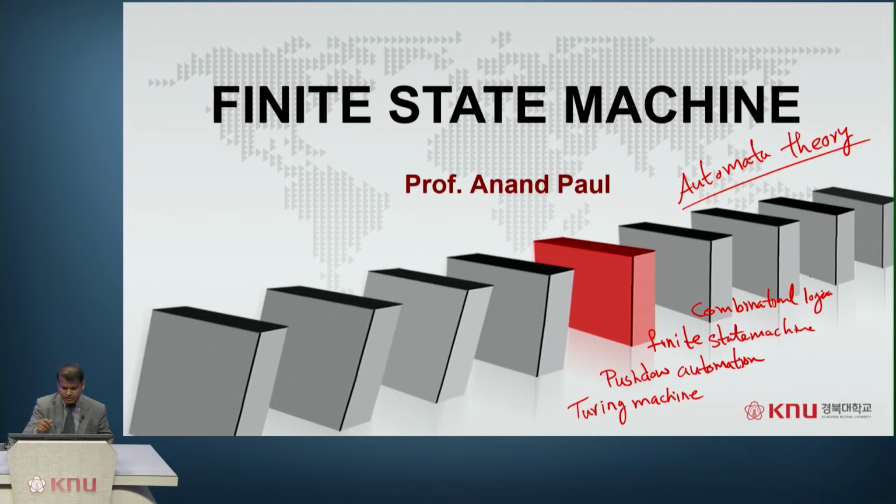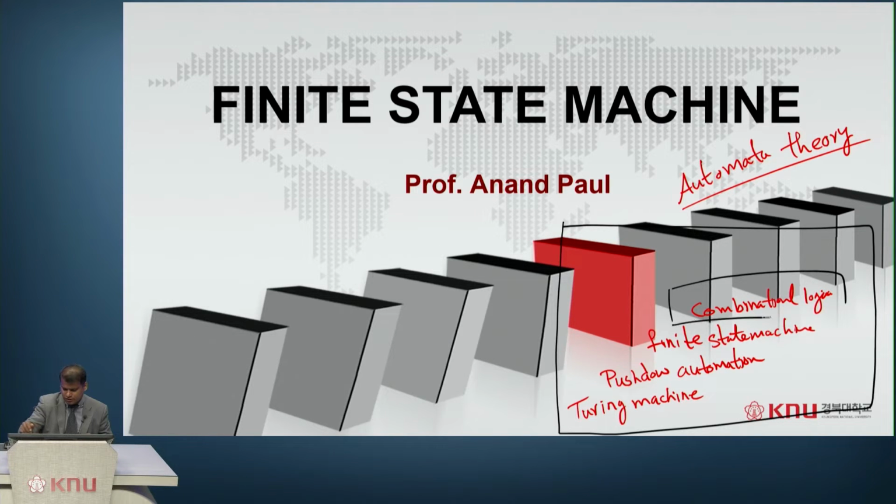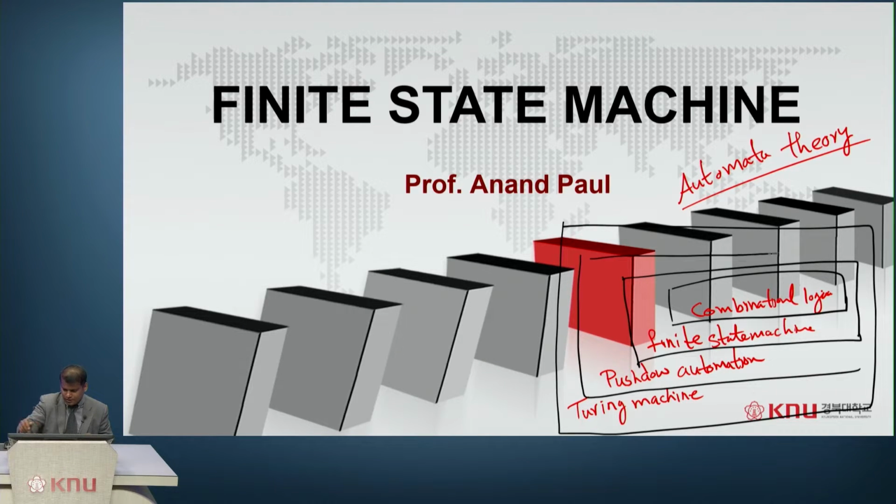We all started with combinational logics, and from there on we went on to these different parts. If you could recall, we started with the combinational logics, and now we are almost here at the finite state machine. Then comes the pushdown automaton, and eventually it takes us to the Turing machine. Anyway, we are not going to that part now. Right now we are going to just discuss the finite state machine.